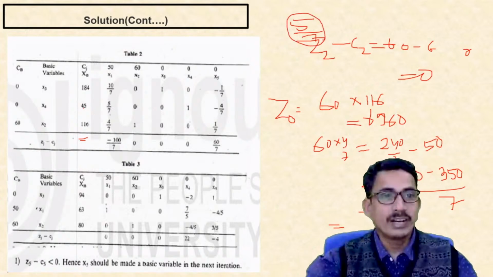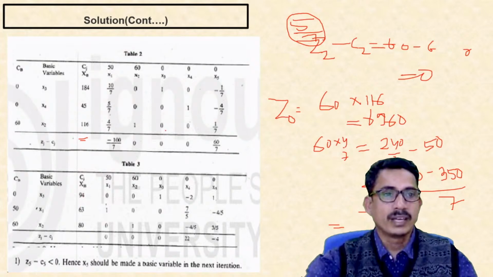I told you, all these values will be divided by the key element. So 45 by 5 by 7, the value becomes 63. 5 by 7 by 5 by 7 is 1. 0 by 5 by 7 is 0. 1 by 5 by 7 will be 7 by 5. Minus 4 by 7 by 5 by 7 becomes minus 4 by 5.